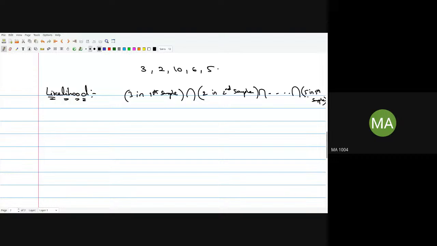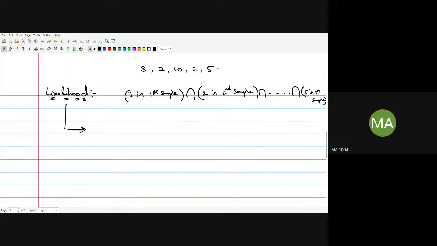So what do we do for intersection in probability? Multiply. Correct? And if it is the continuous case, instead of probabilities we use f of x, the probability density function. So that is what this likelihood means.